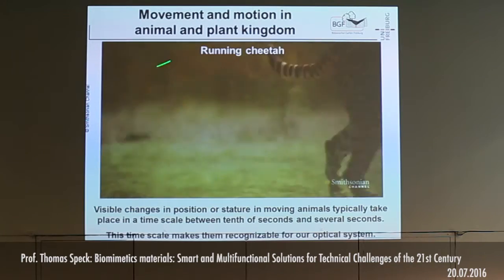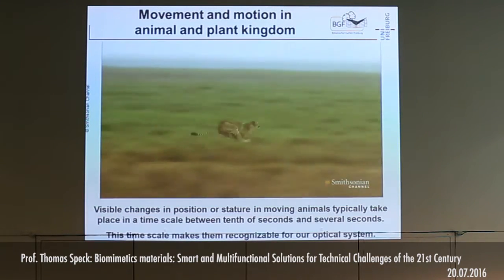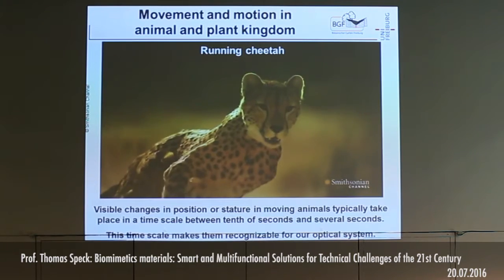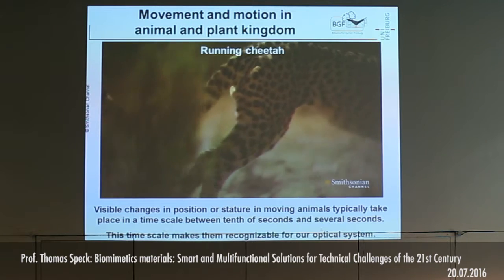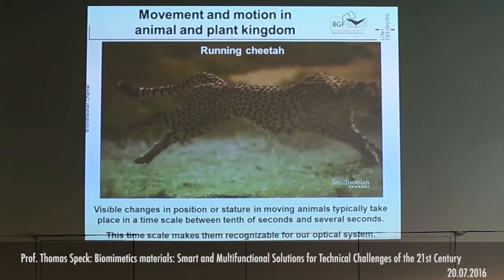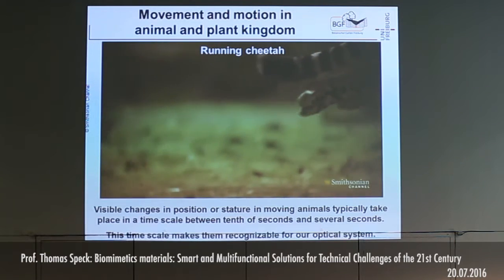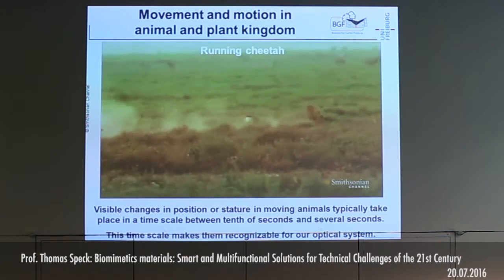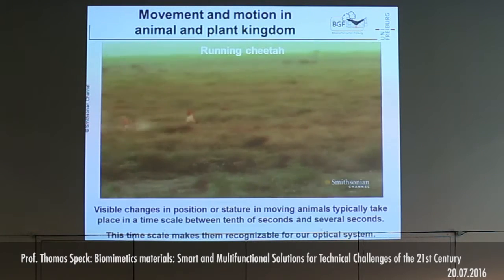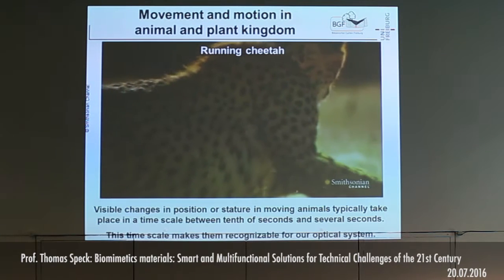What I show you here is this beautiful movie from the BBC of a running cheetah, and it shows iconographically that the time scale of movements in animals, which is normally between tenths of seconds and several seconds up to minutes, makes it possible for our optical system to recognize them. This is the first big difference between plants and animals. I'll show you later why movements in plants are harder to recognize.